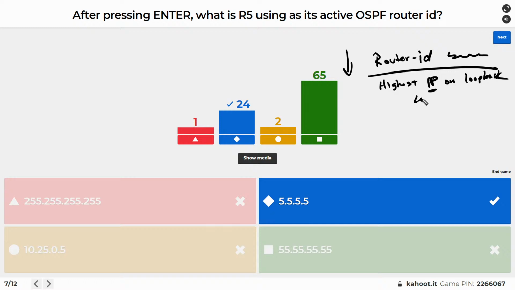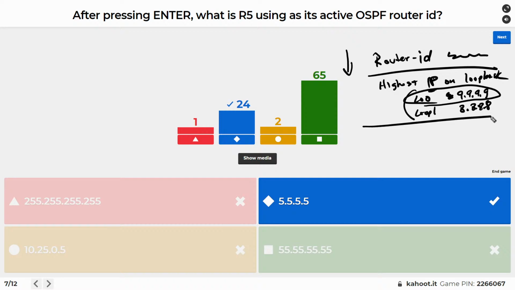For example, we had loopback 0 with IP address 9.9.9.9, and loopback 1 with IP address 8.8.8.8. It's based on the IP address, so the highest IP address on a loopback would be loopback 0.